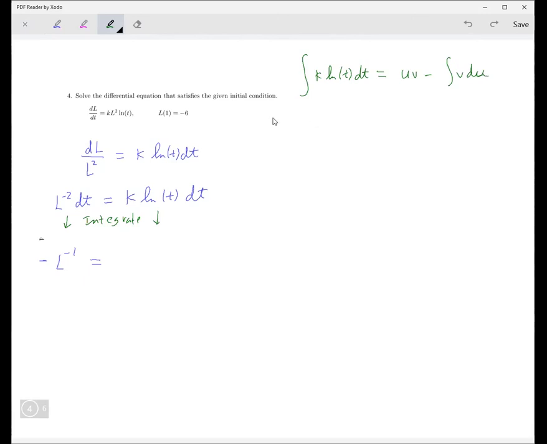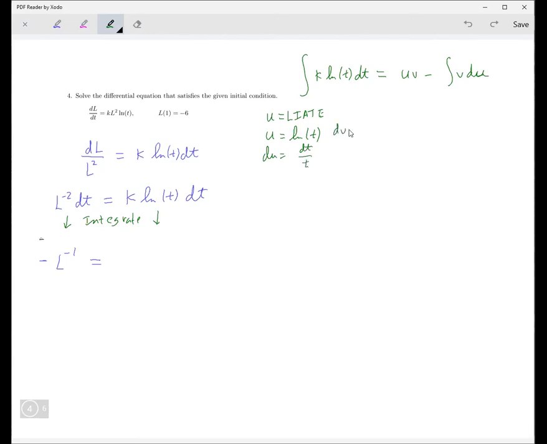Okay, so you remember the thing that we had right here. The logarithm is the first choice for our u usually. And then du will be dt over t.